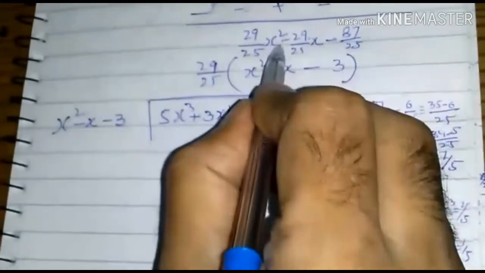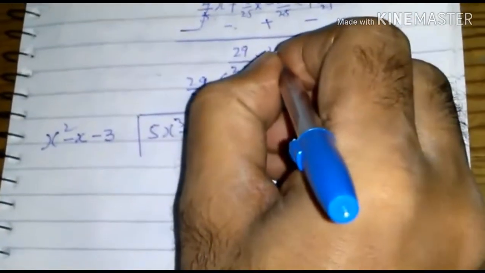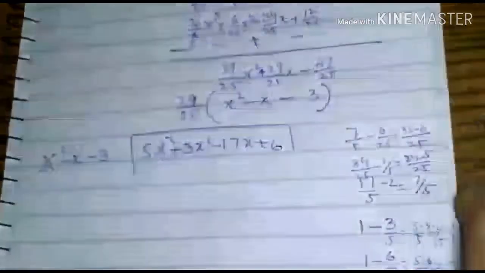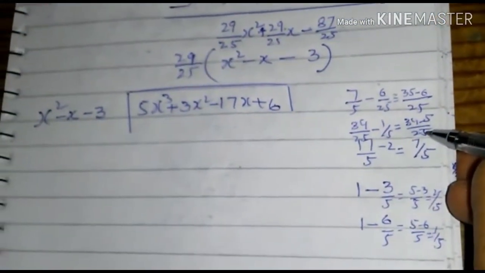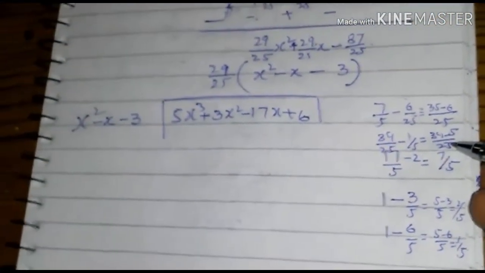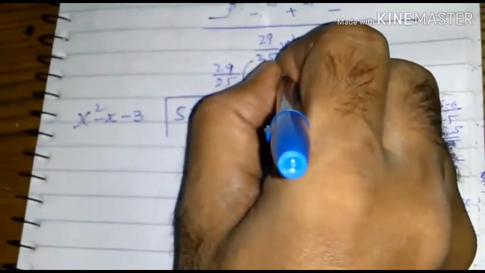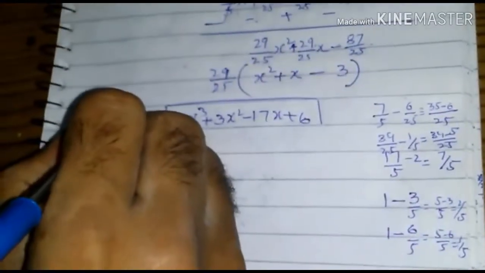Here I note a mistake. This should be plus. As we got the answer here, 34 minus 5 over 25 means plus 29 over 25, and this is also plus, and this is also plus.